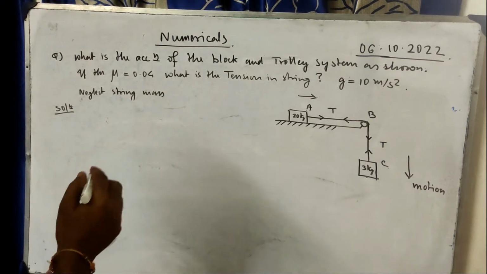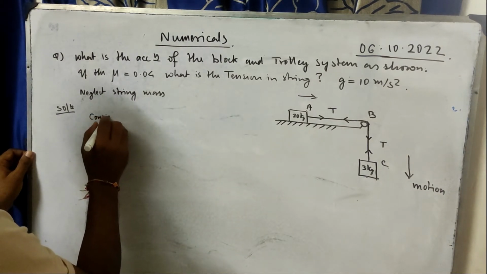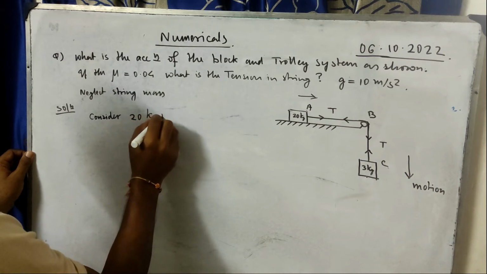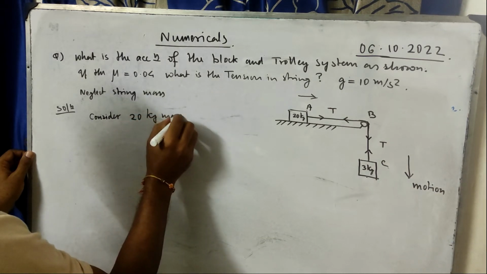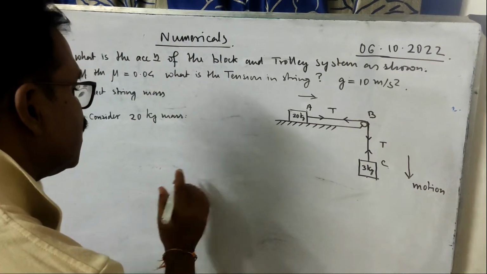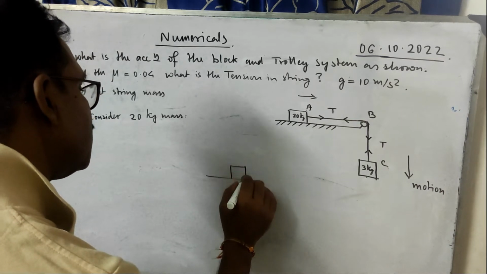Now consider 20 kg mass. Now you see, 20 kg mass means this is your surface. On this surface you have this block, right?